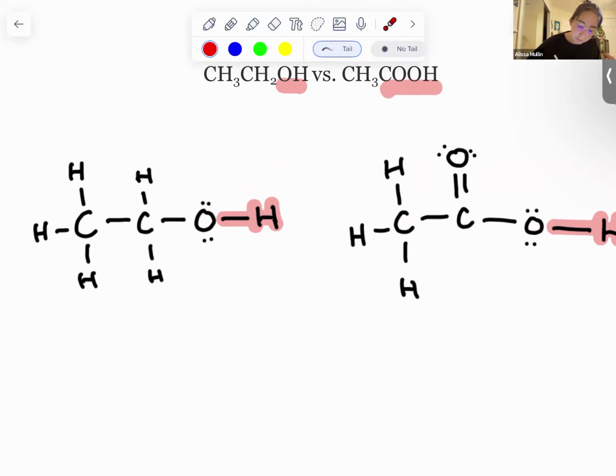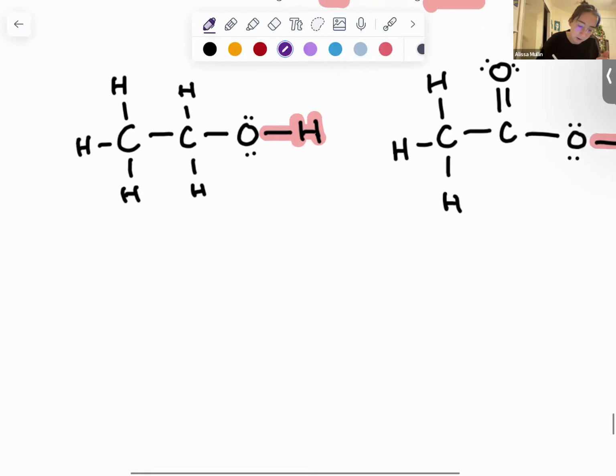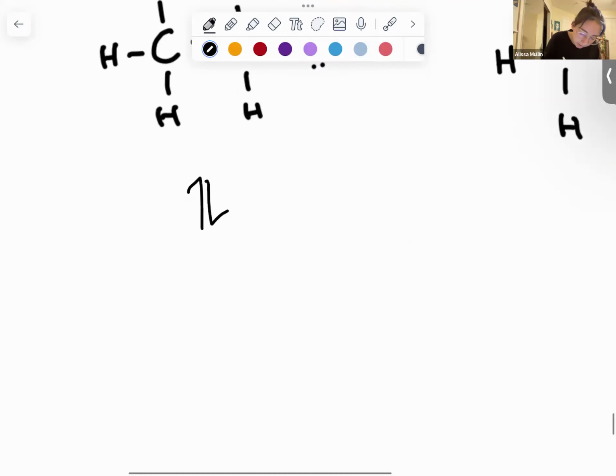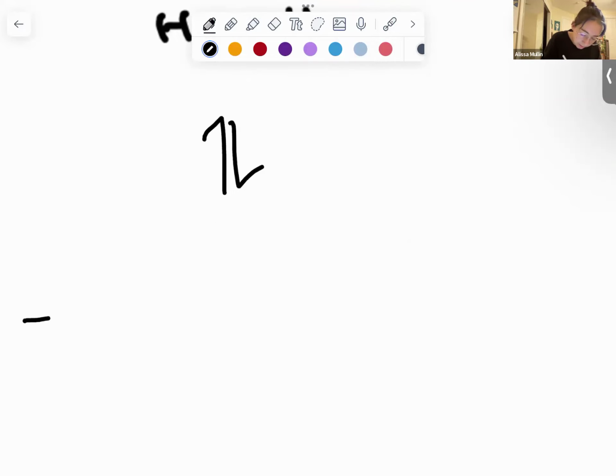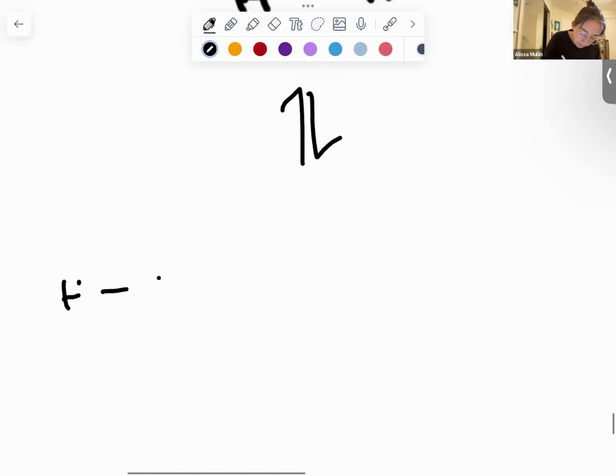If it acts like an acid, something is going to come and take that proton, and then those electrons are just going to end up going onto those oxygens. So these acids are in equilibrium with their conjugate bases, which for this one would look like this.